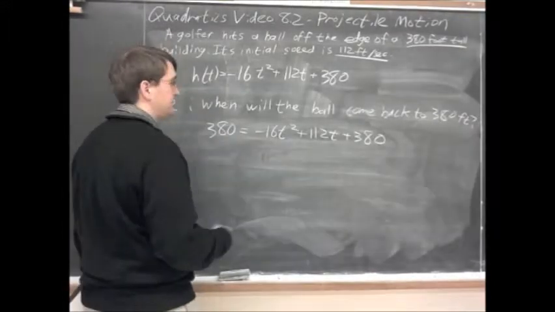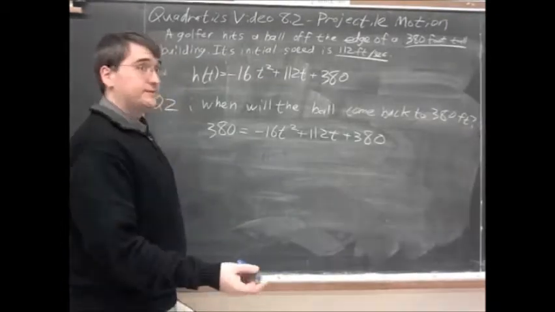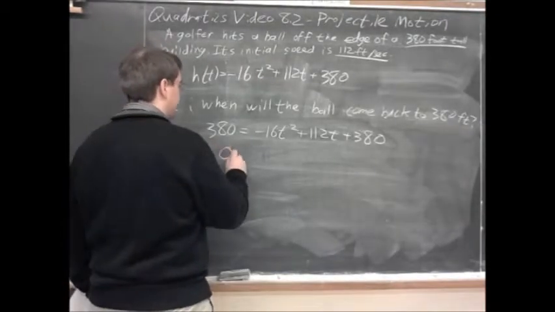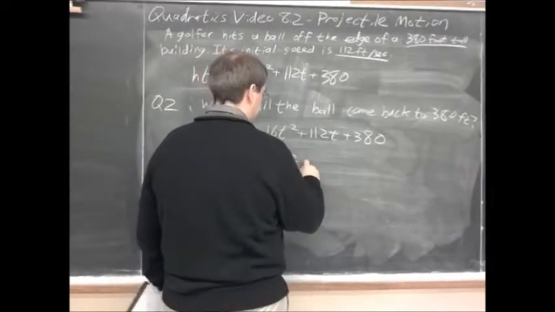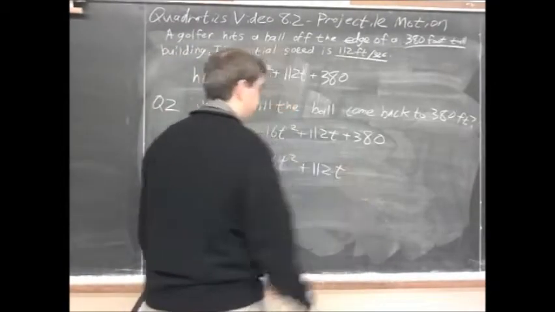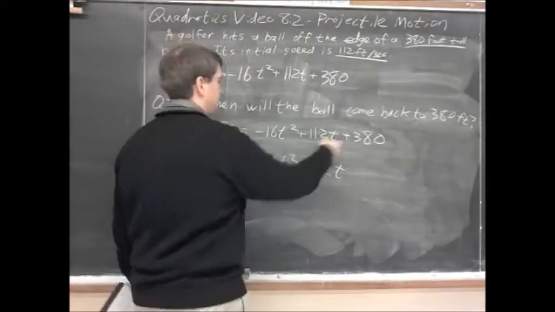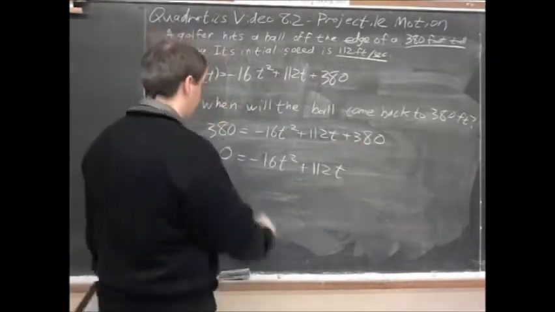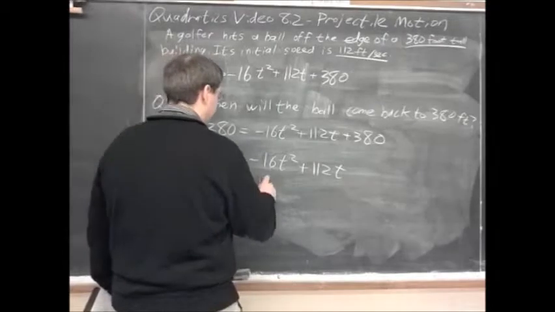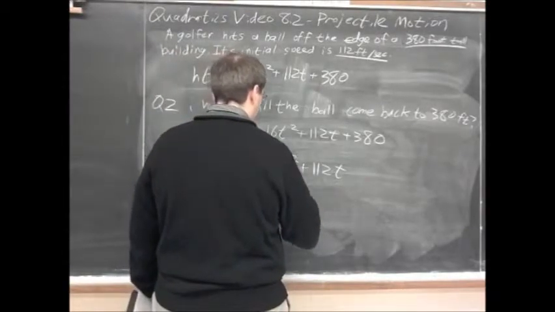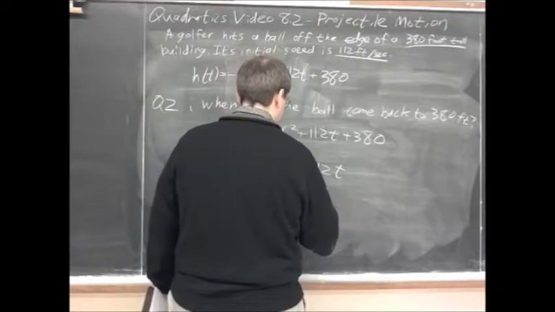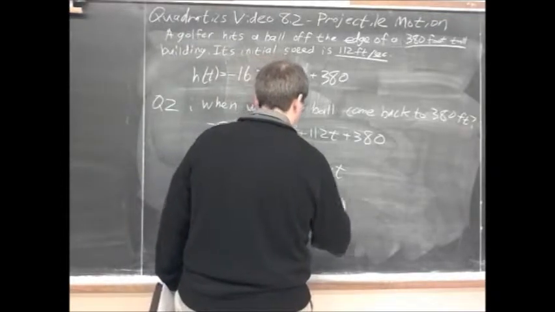In this case, as in any case, I solve for 0. Subtract 380 from both sides. I get 0 equals negative 16t squared plus 112t, since 380 minus 380 cancels out. Factoring now, negative 4t times 4t minus 28.